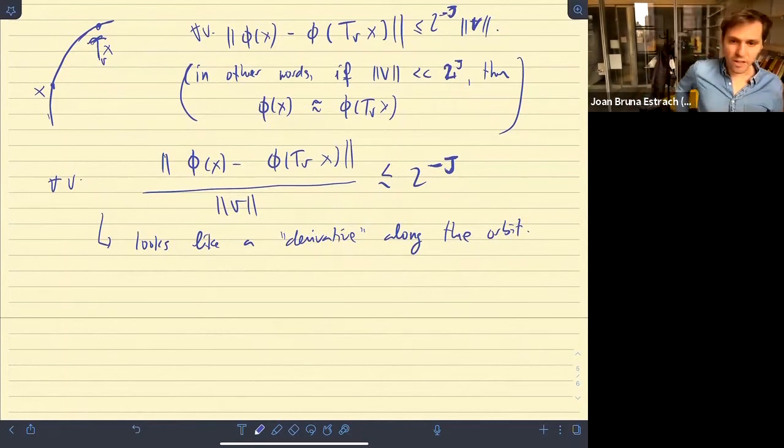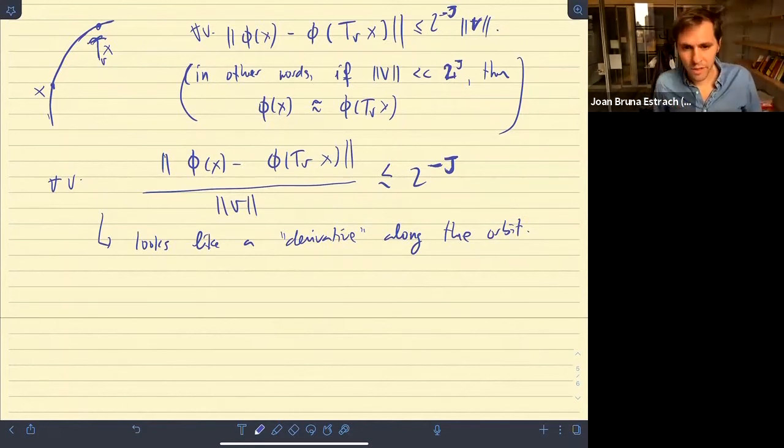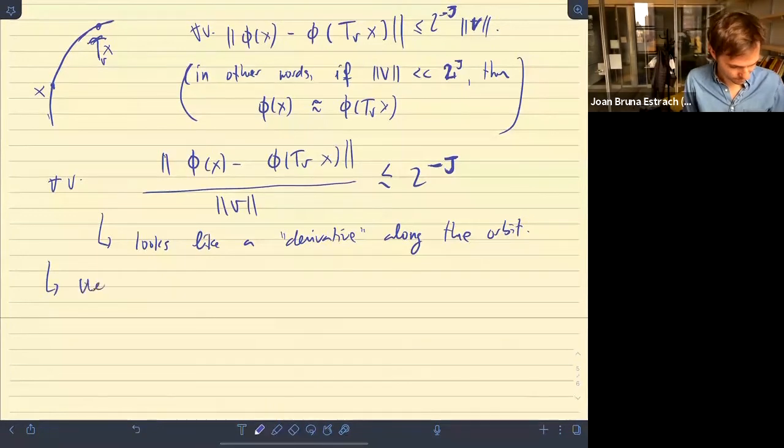So how can we ensure that our representation is smooth along the orbit? Well, that's something very easy. We can just explicitly smooth, right? So we can create local invariants.